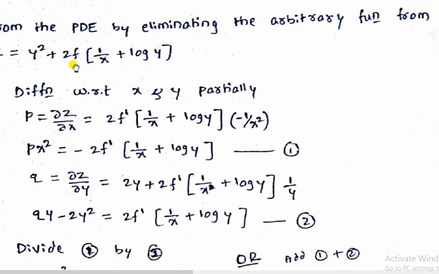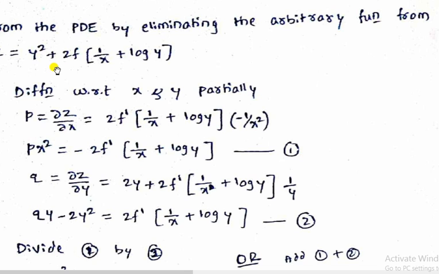Now differentiation of 2f becomes 2f dash into bracket 1 by x plus log y, and differentiation of 1 by x is minus 1 by x square, and log y is 0. Now multiply on both sides by x square, so p x square equals minus 2f dash of 1 by x plus log y. This is equation number 1.